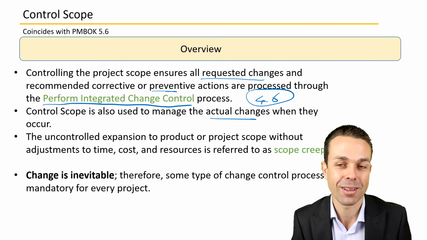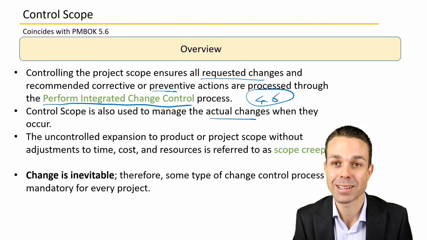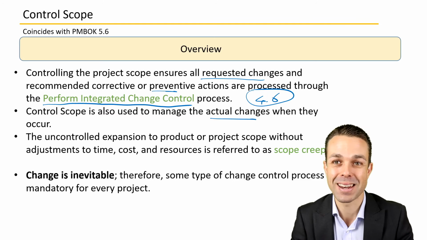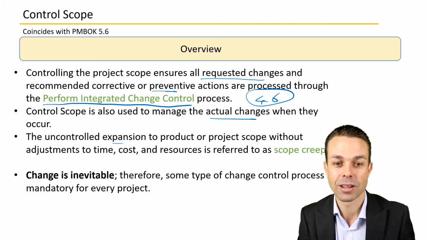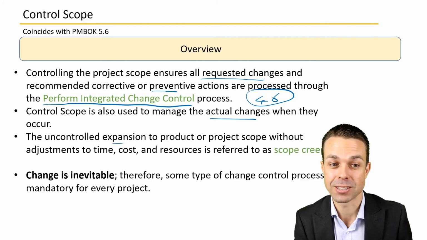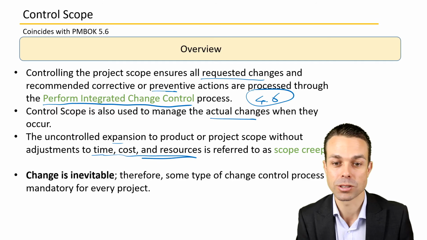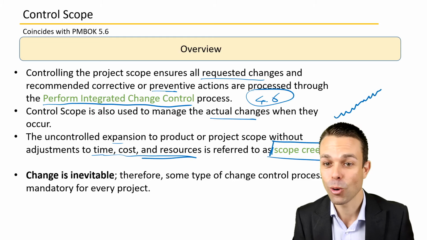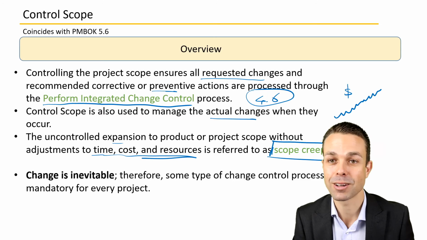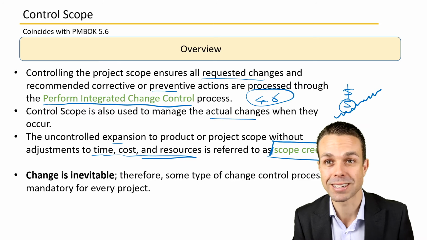Nothing ever quite goes to plan, and that's why we need project managers to manage all of these different things that happen. The uncontrolled expansion to product or project scope without adjustments to time, cost, or resources is referred to as scope creep. Maybe it's creeping upwards, and of course that is going to affect the cost of our project and blow out the schedule of our project as well.